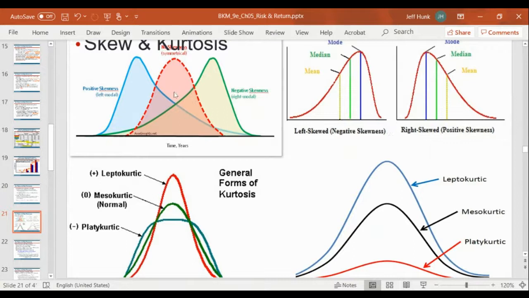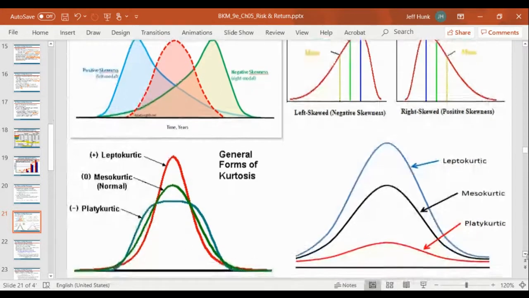Skew means deviation from normal distribution, either to the right or to the left. If there is more tail to the left, it's called negatively skewed, and there's also positive skew.